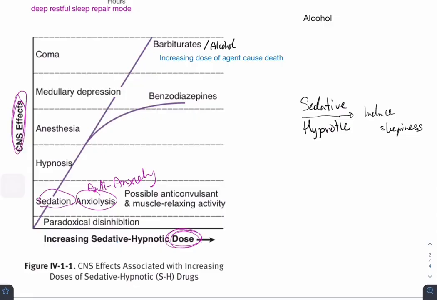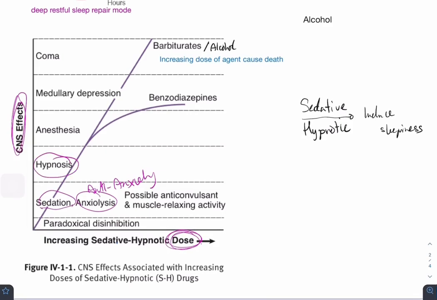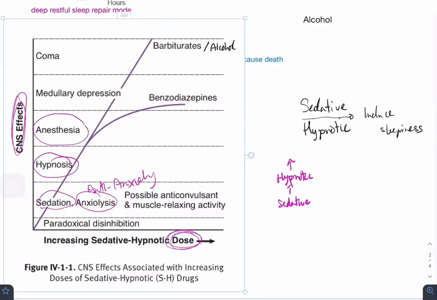And as you progress the dose a bit more, they become hypnotic. So you basically go from a sedative mode to a hypnotic stage. And as you continue on, you will see it become anesthesia, both benzo, but especially barbiturates.